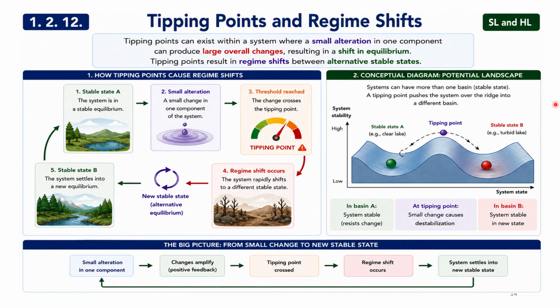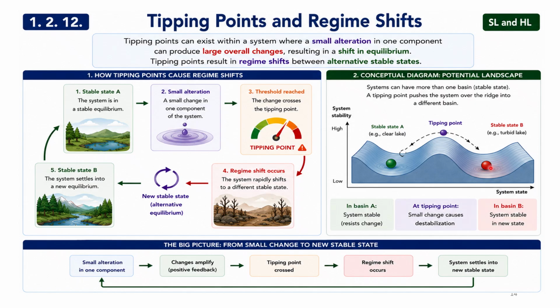The conceptual landscape illustrates this idea using two valleys, each representing a stable equilibrium. A system naturally remains within one valley, resisting minor disturbances. However, if enough force pushes it over the ridge, the tipping point, it rolls into another valley and stabilizes in a new state.